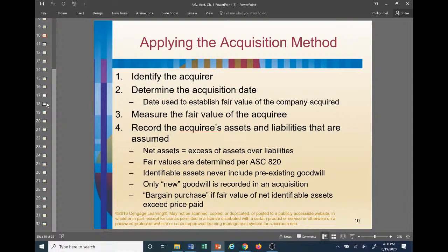And also if you go to sit for your CPA exam, identifiable assets never include pre-existing goodwill. If a company has pre-existing goodwill on their books, then it's not an identifiable asset. So we can't include pre-existing goodwill. Only new goodwill is recorded in an acquisition. So what do we mean by new goodwill?